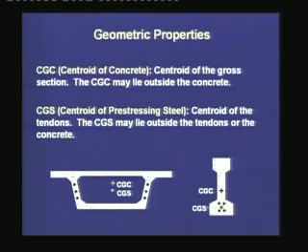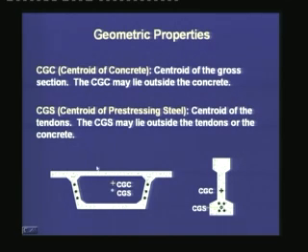Here we are not deducting the area of the prestressing steel just for simplicity in the computation. We should note that the CGC may lie outside the concrete section. An example is given for a box girder. The centroid of the section is lying outside the concrete, but it is lying inside the hollow space of the box girder.